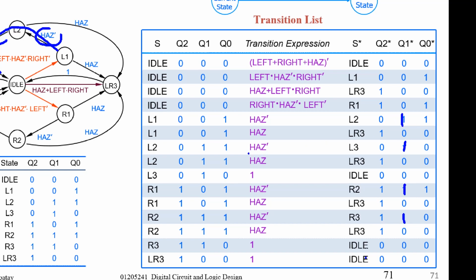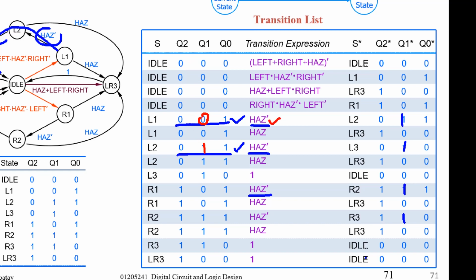Note, this input condition is hazard prime, the same. And if the node state, this state, is different in only one bit, that means you can reduce the number of variables in the expression.